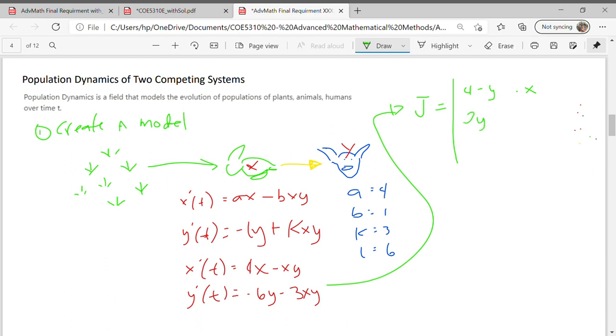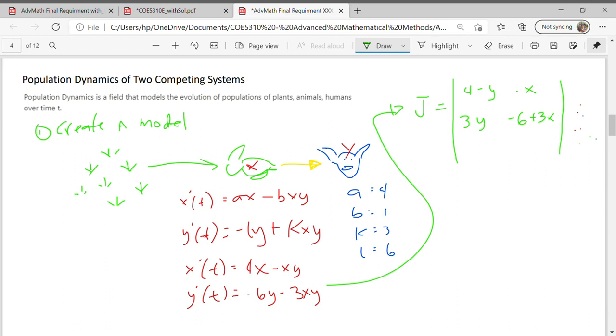For the second equation, we have 3y, then 3x minus 6, and this is 3. Okay, so this is our Jacobian matrix for these two nonlinear equations.